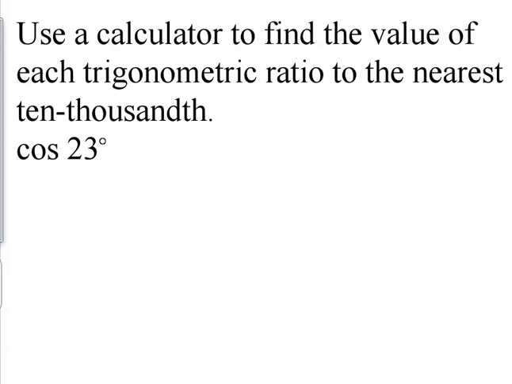Yes, this one is cosine. When you see COS, that means the cosine button. So cosine of 23. So go ahead and enter it in on your expression, and we'll see how y'all did.